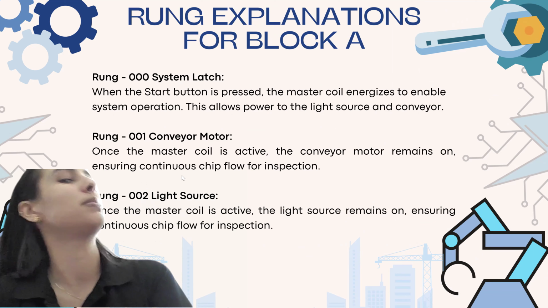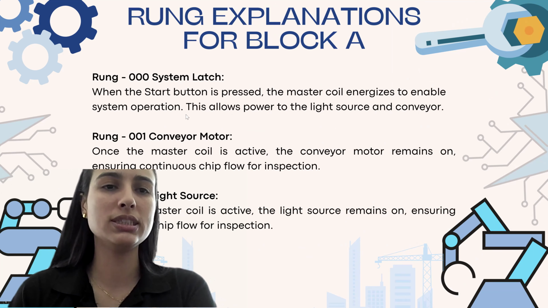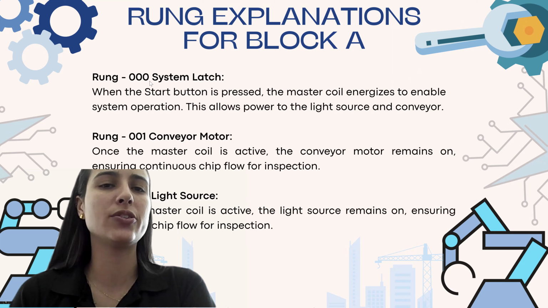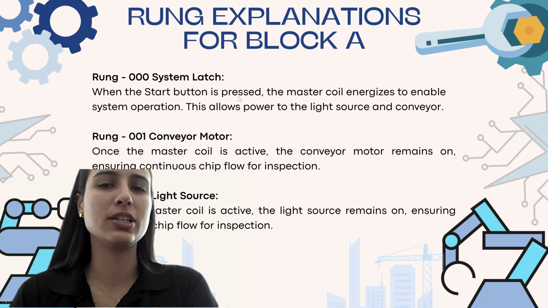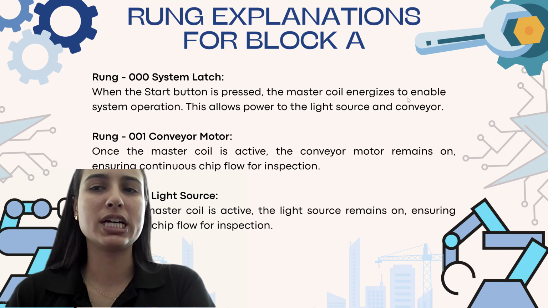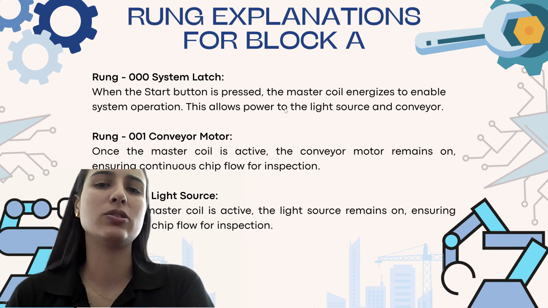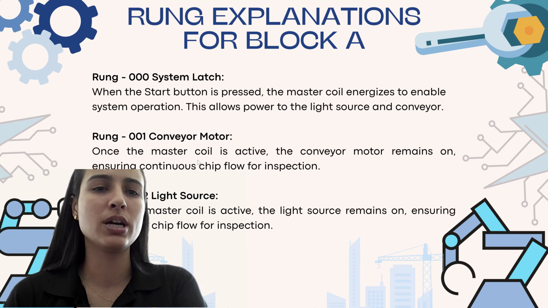I start out by explaining block A rungs. Rung 000 is the system latch, where the start and stop buttons are placed. It energizes the system and allows power to the light source and the conveyor.